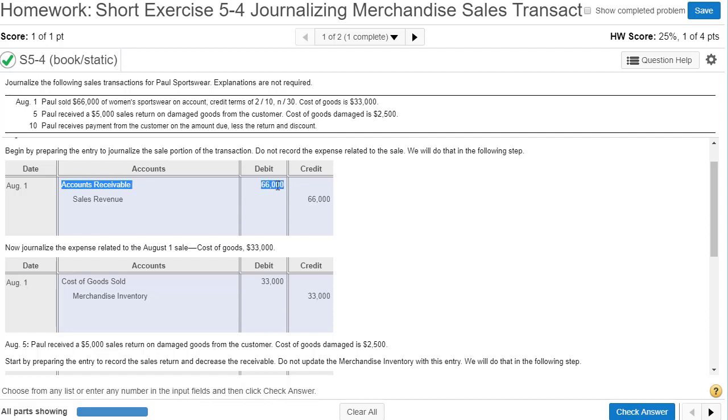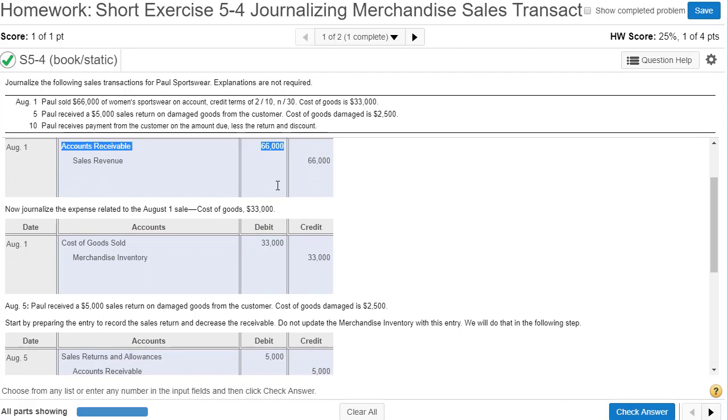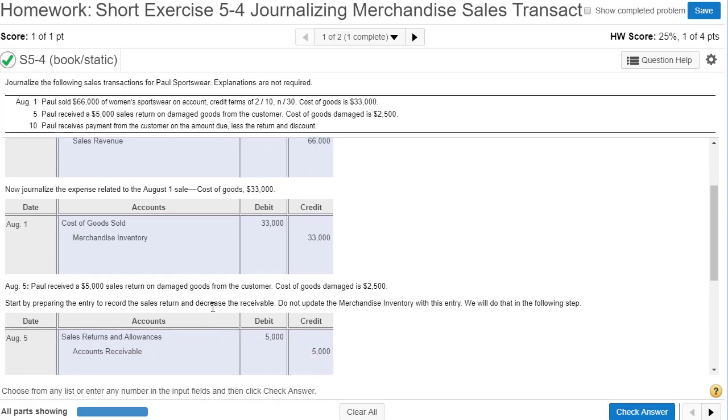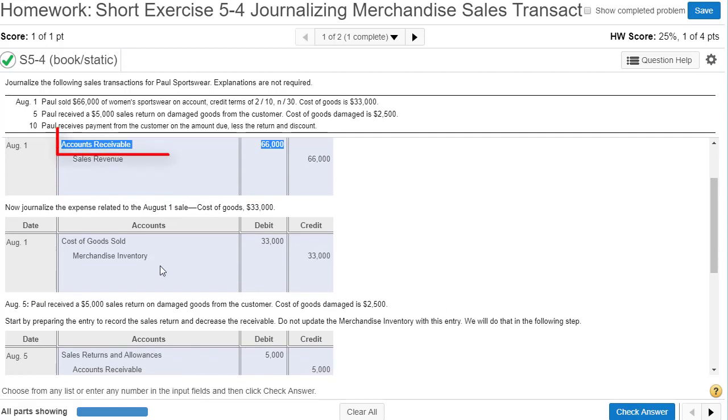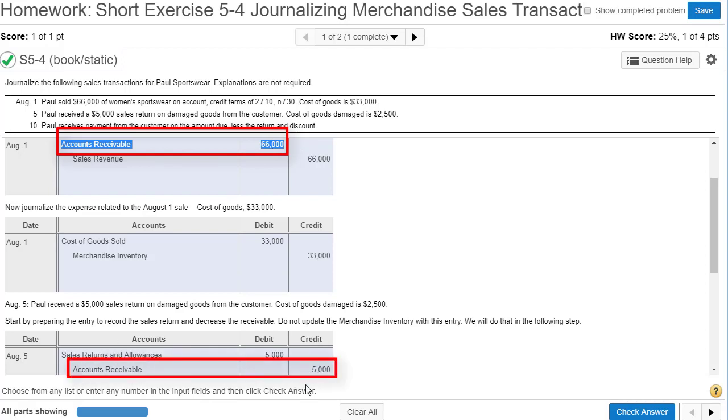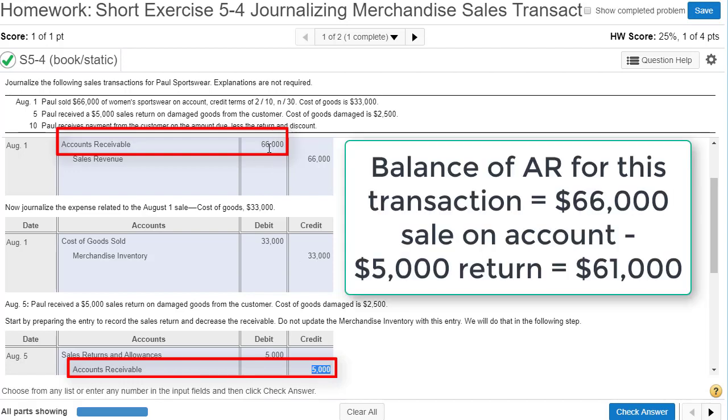So let's see if we ever lowered accounts receivable. Accounts receivable is increasing $66,000, and then with the return, we lowered their AR down here, $5,000. So how much do they owe us after the return? Well, they owe us $66,000 minus the $5,000, so they owe us $61,000.